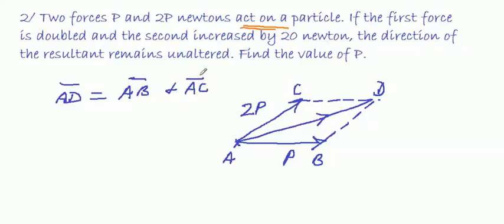Now suppose the problem says that you double the first force, so P becomes 2P and the AC becomes 2P plus 20. Now the direction of the resultant does not change. Now we have to do a little bit of analysis. All right, so let us see if the angle between the two vectors AB and AC is theta.